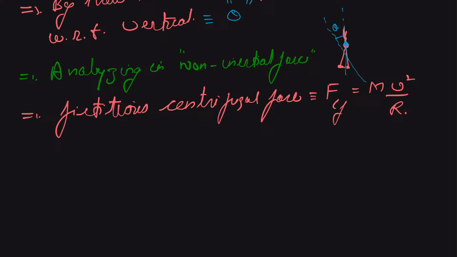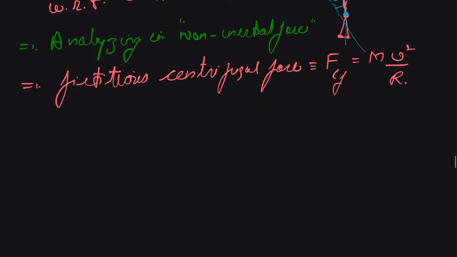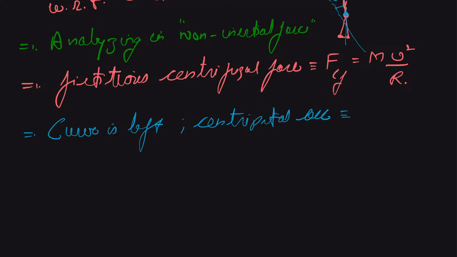So once again we assume that the curve is toward the left, which was our previous discussion, and the centripetal force, or centripetal acceleration, will be left inward. Same conditions we are assuming, that our curve is left, and therefore our centripetal acceleration will be left inward.